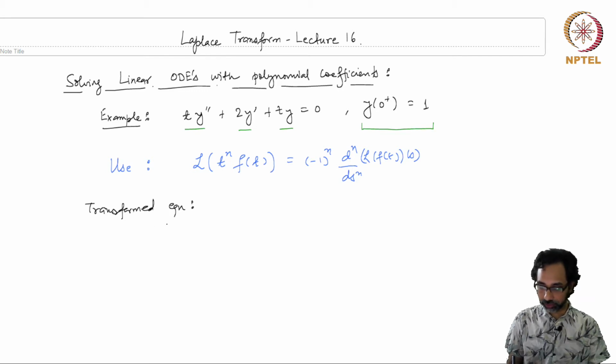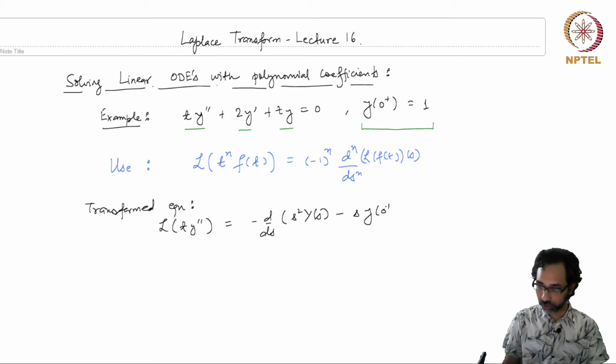The first one is the Laplace transform of t y double prime. This is equal to minus d by ds of the Laplace transform of the double derivative, which means s square Y(s) minus s y(0+) minus y prime(0+).